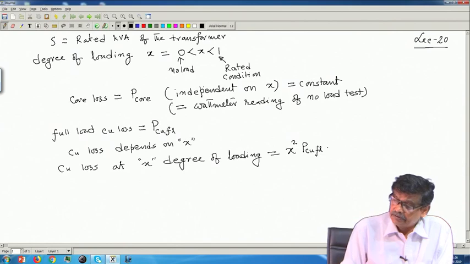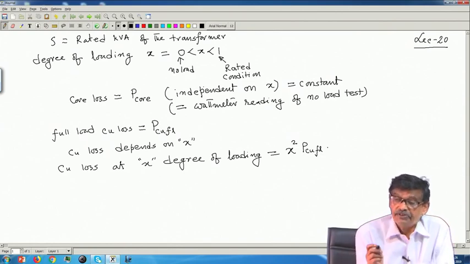This must be kept in mind while attempting to calculate the efficiency of a transformer.